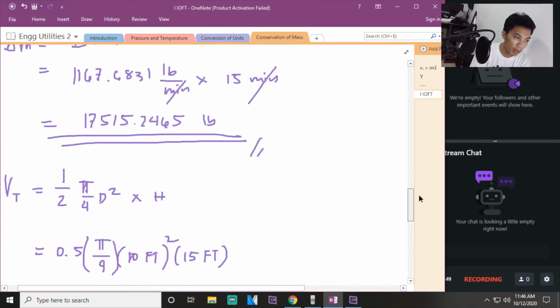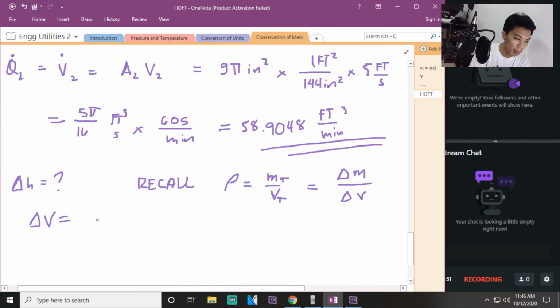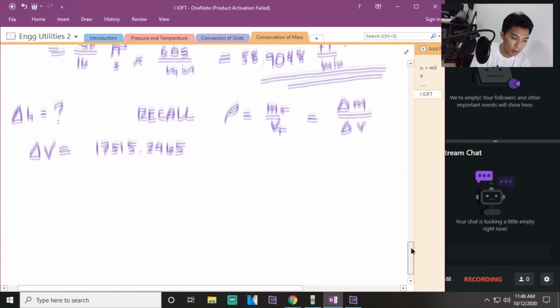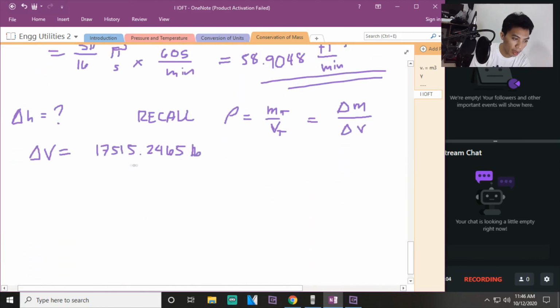So, that is 17,515.2465 pounds divided by our given density, which is 62.1 pounds per feet cube.